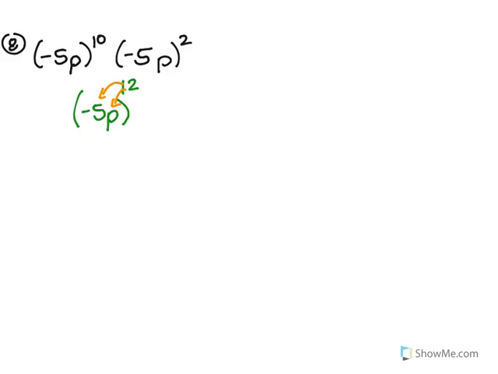So when you stick it on both, you got negative 5 to the 12th and p to the 12th. Now, what is 12? Is it odd or even? It's even, and this sometimes is what students don't remember. So if it's an even exponent, that negative 5 will change to a positive 5. Okay? So that's positive 5 to the 12th, and then p to the what? 12. Do you see that? Because that's going to make the difference between A choice and D choice. Do y'all see the difference?